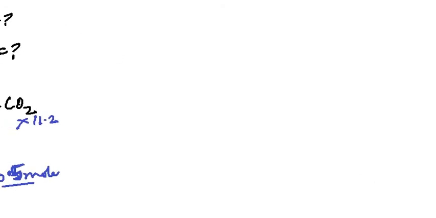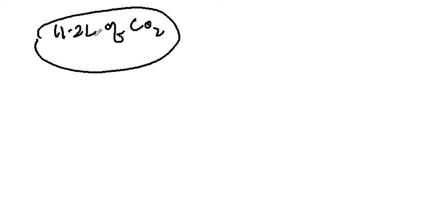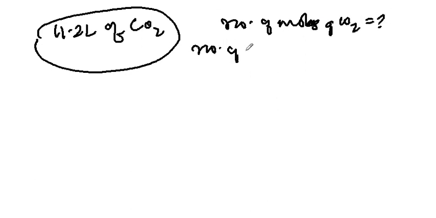Let's say we have a question, the one that we have done a bit earlier, the balloon scenario. We had 11.2 liter of carbon dioxide in a balloon, and we wanted to find the number of moles of carbon dioxide inside it, and also the number of molecules of carbon dioxide that we have introduced.